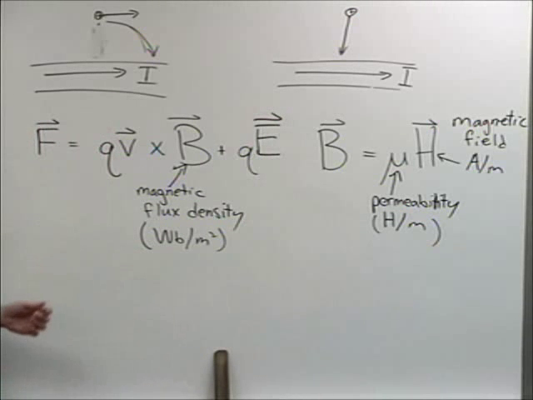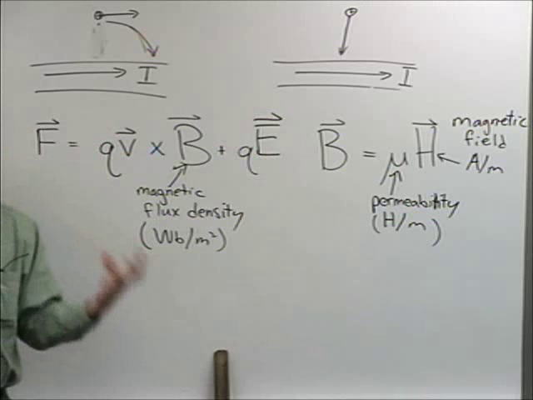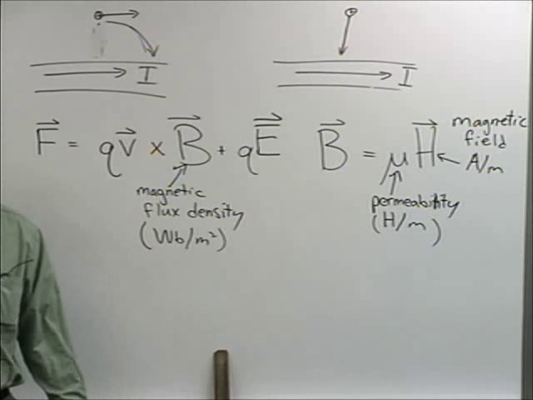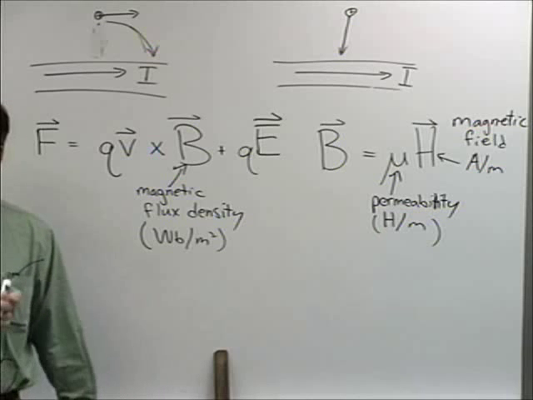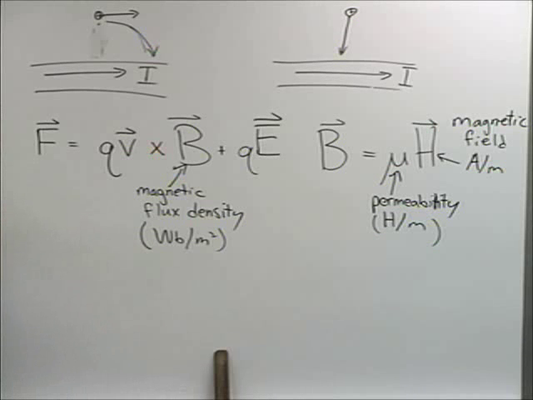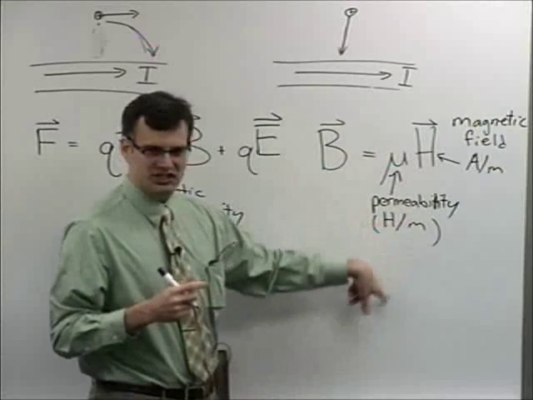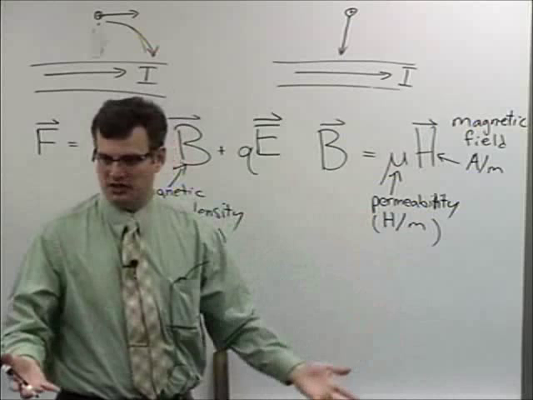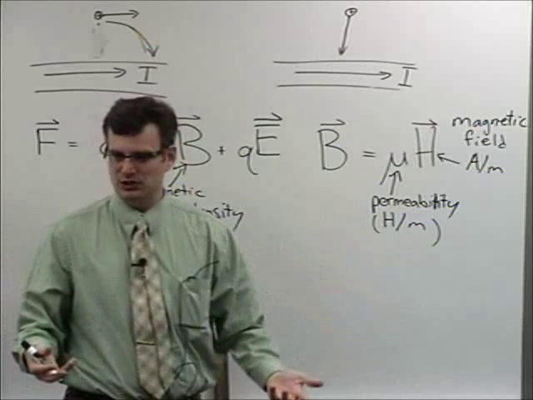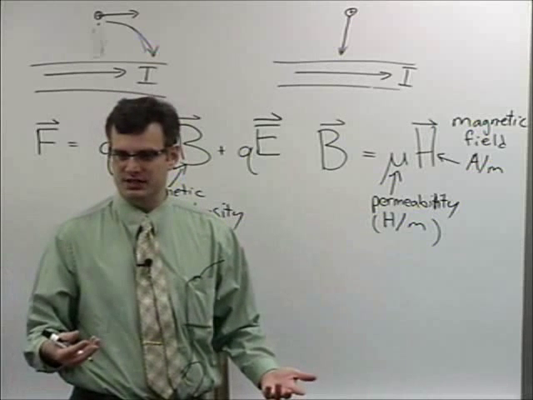That's going to be the total force. Force is something we can observe. We can put a charge down and measure directly what's pushing it. And these other things like B or H or D are derived quantities. They're constructs that we use to analyze fields and materials.